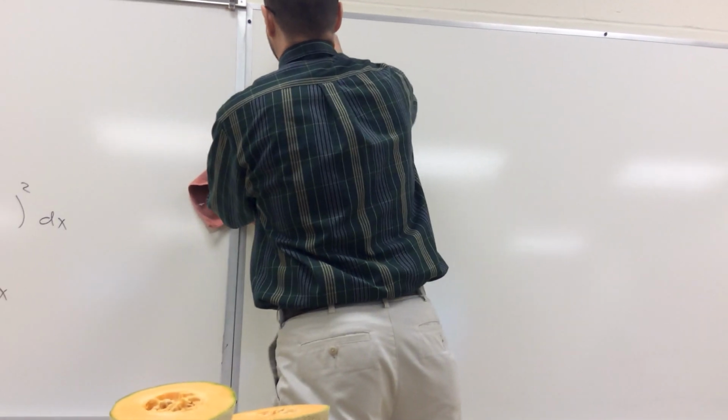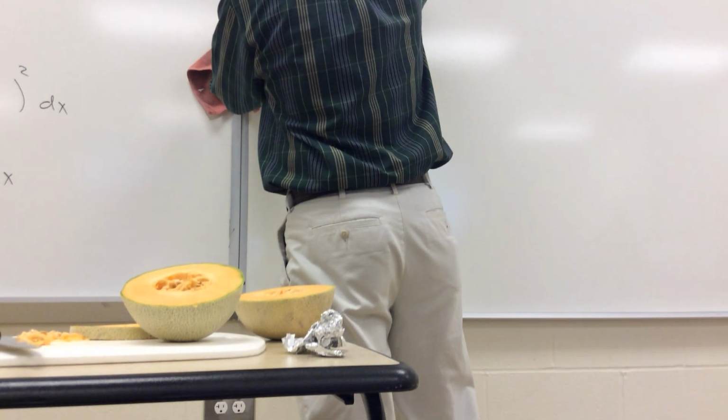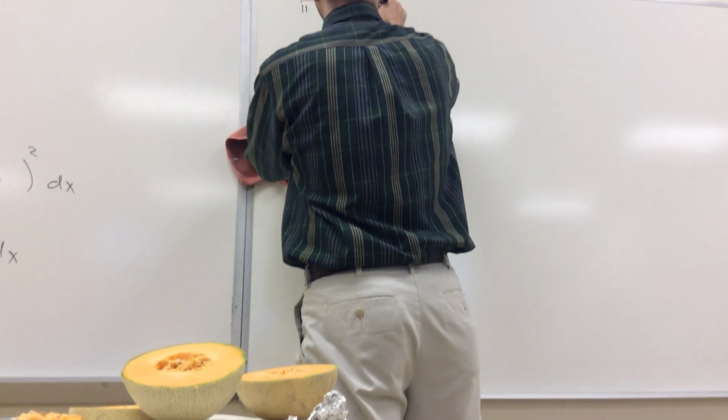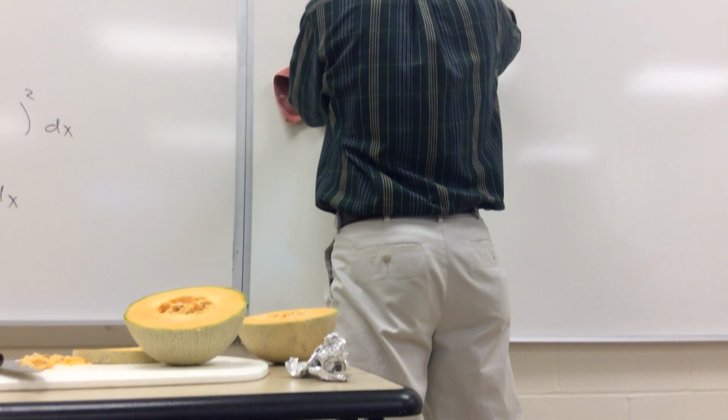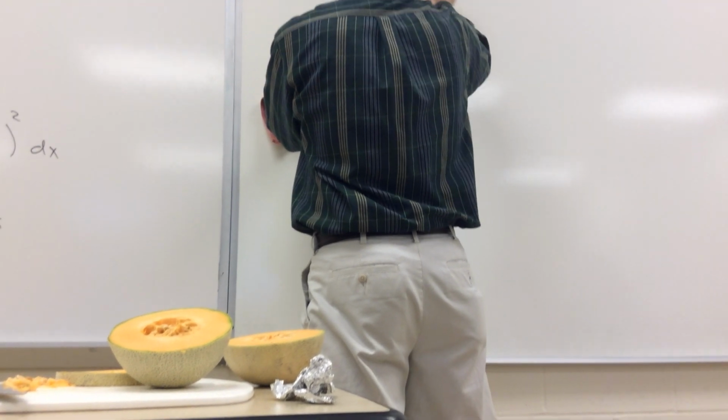So I've got pi times the integral from 0 to pi over 4 of cosine of 2x dx.